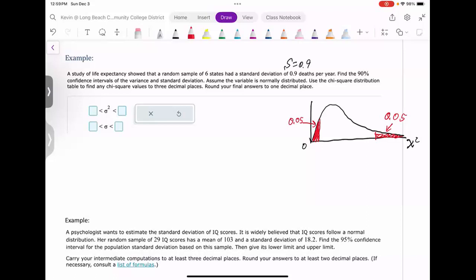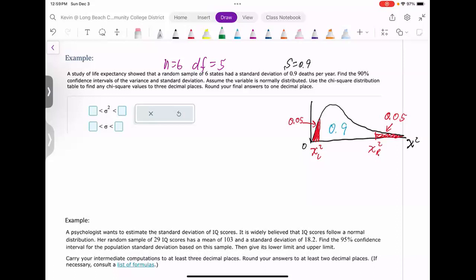So we need our chi-squared left and our chi-squared right. I want to point out that n in this case is 6, which means our degrees of freedom is 5. And keeping in mind in the middle here is 0.9.